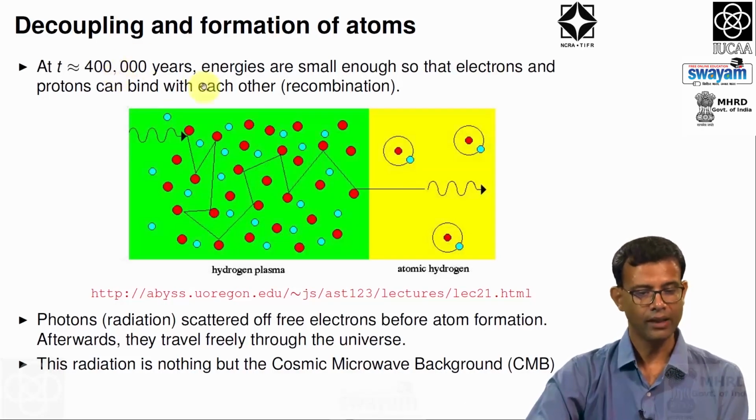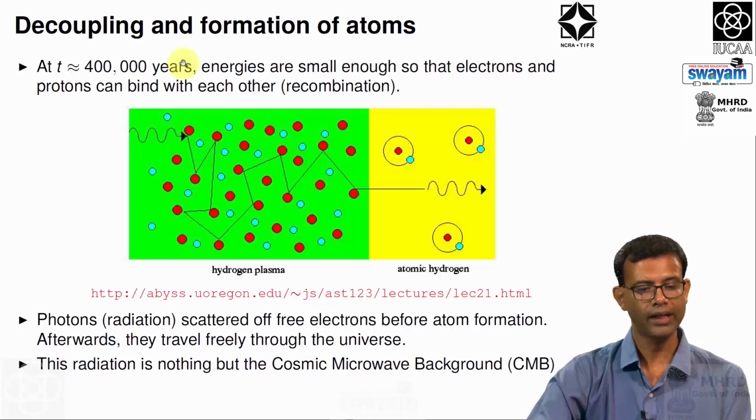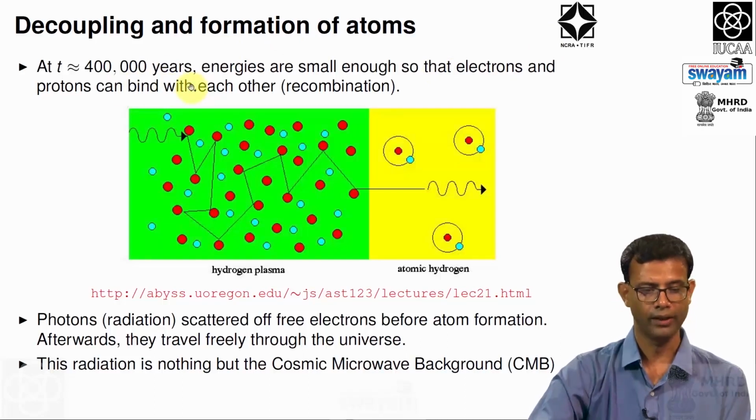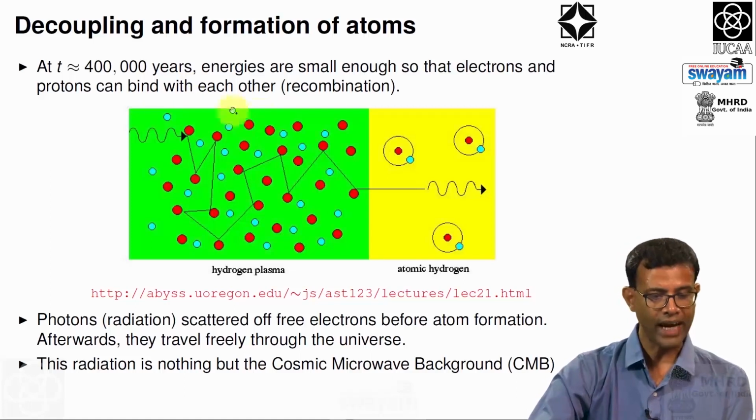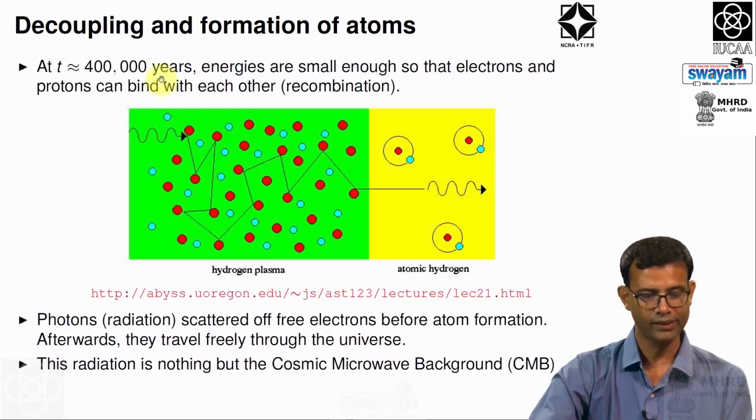As we said, the energies are small enough so that electrons and protons can bind together and form atoms. Before that, in this green region, you can imagine the photons were constantly getting scattered off free electrons. This is the Thomson scattering, and they were doing a random walk in this plasma. At some point the atoms form.